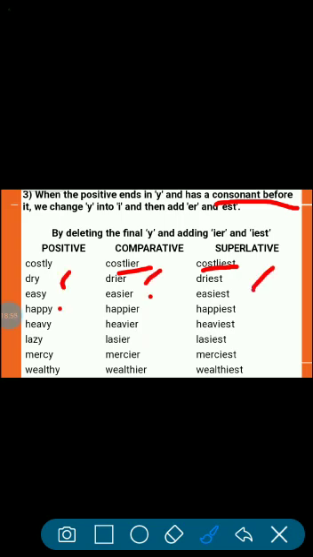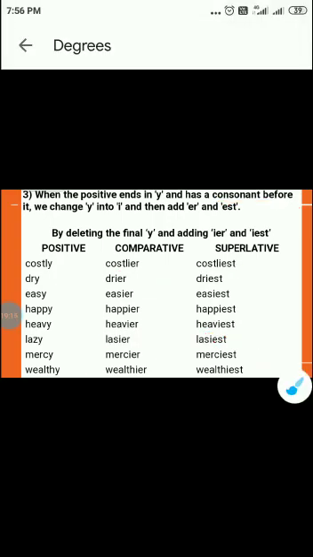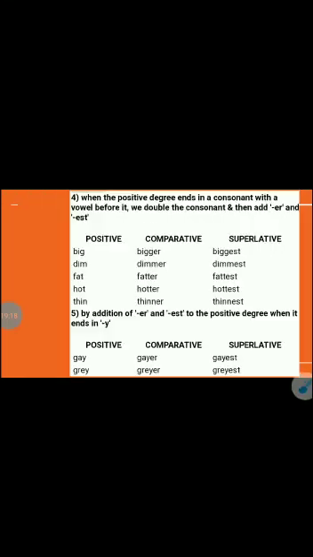Easy, easier, easiest. Happy, happier, happiest. Heavy, heavier, heaviest. Lazy, lazier, laziest. There is a spelling mistake here. It should be Z. Mercy, mercier, merciest. Wealthy, wealthier, wealthiest. Okay, dear students, I hope you are getting it. Let's move to the next slide.